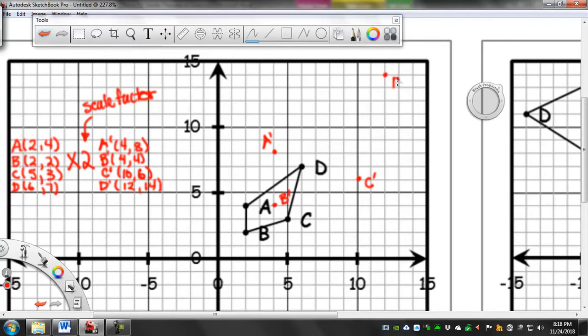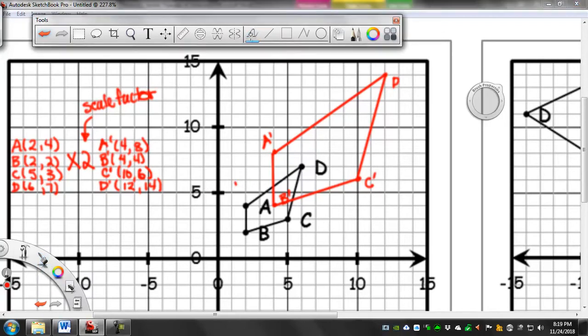There's D prime. Now we'll go ahead and use your straight edge, and you will connect these points together. There's B, and then C. So this is the old image right here, and this image right here is the new one.